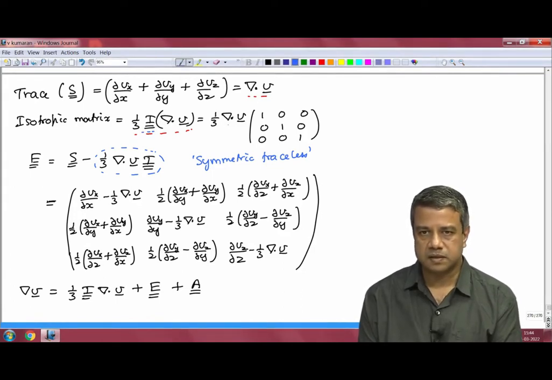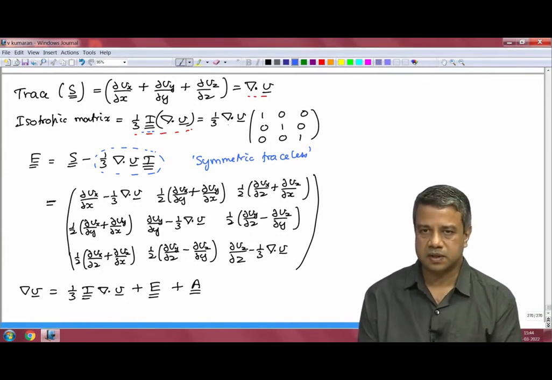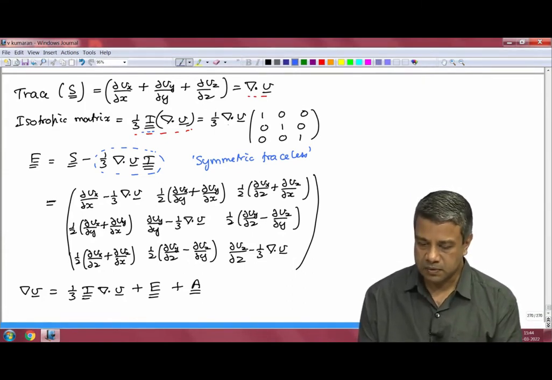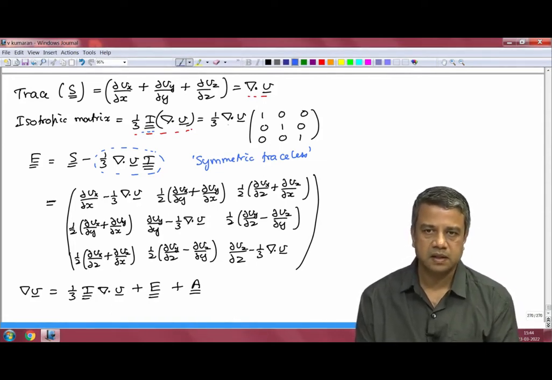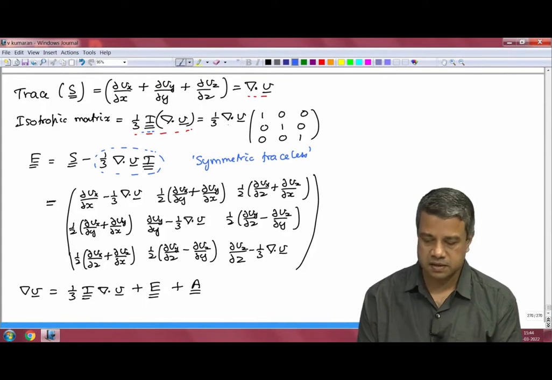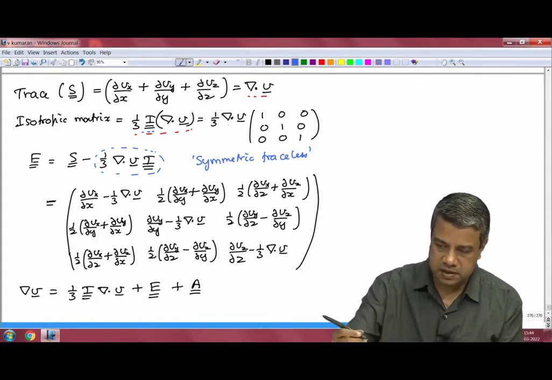If I take the symmetric matrix and then subtract out this isotropic matrix with diagonal elements, I will end up with a matrix that is symmetric and traceless, that is symmetric and whose sum of diagonals is equal to 0. And this is what is called the extensional strain.